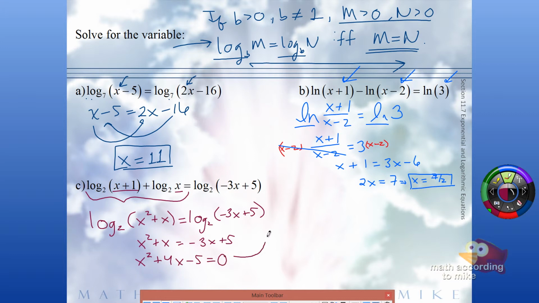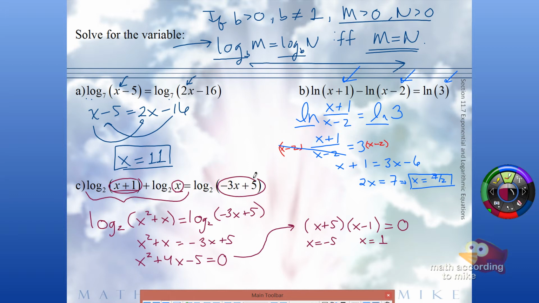How does x squared plus 4x minus 5 factor? x plus 5, x minus 1. Setting each factor to 0, this would give us negative 5. This gives us positive 1. Okay, let's check it. If I put negative 5 into the original arguments, notice the ones on the left are negative.